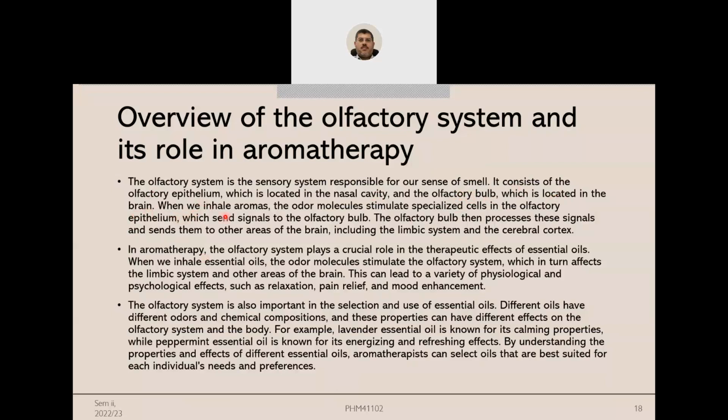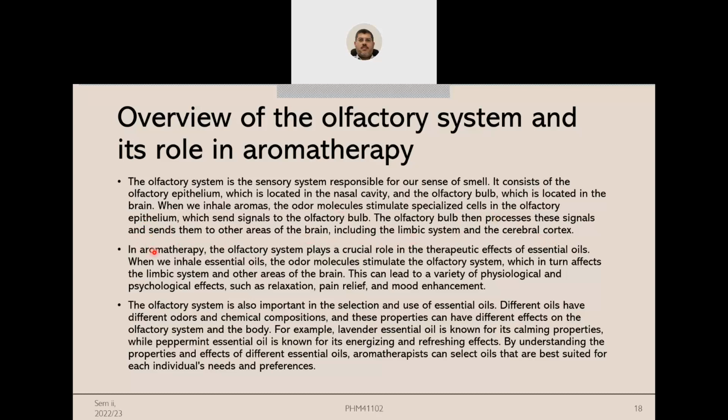When people inhale aromas, the odor molecules stimulate specialized cells in the olfactory epithelium, which send signals to the olfactory bulb. The olfactory bulb then sends these signals to other areas of the brain, including the limbic system and the cerebral cortex.